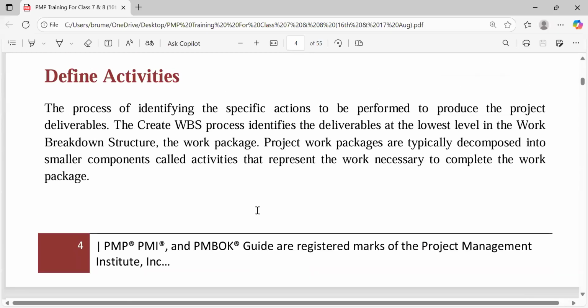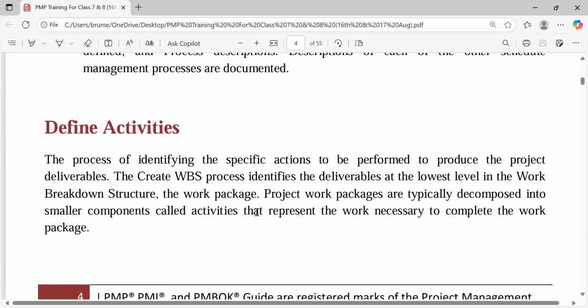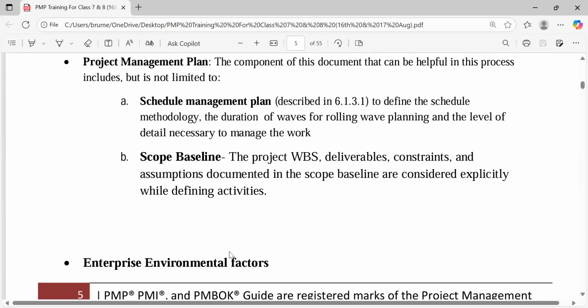And when we got to define activities, I told us that define activities is about further cascading, further decomposing those work packages which we got at the lowest level in the WBS. And that once we have them further decomposed, we can now sequence them. We can now estimate their durations. And we went on to look at new terminologies.